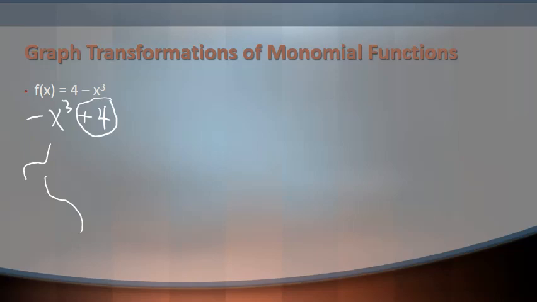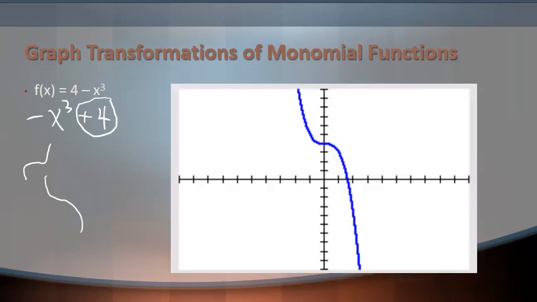So let's see what the results are after I have graphed this function. And you can see that it's got all the shape of a cubic function, which it should have. It has flipped upside down because of that negative coefficient, and I do in fact have the intercept here: when x is 0, y is 4, and so it's translated up 4 vertically.